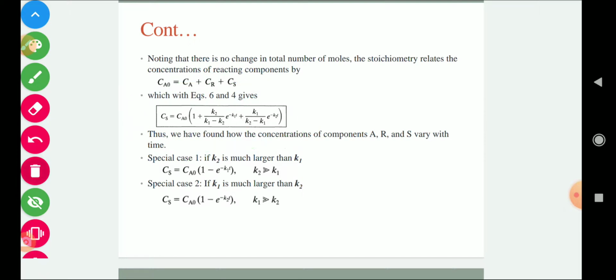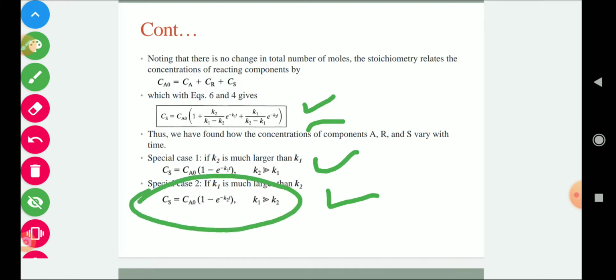So finally we have this expression. On the other hand, if K1 is much larger than K2, then if we put this in this equation, we get this expression: Cs equals Ca0 times (1 minus e raised to the power minus K2t). So in that case, the first term will be 0.